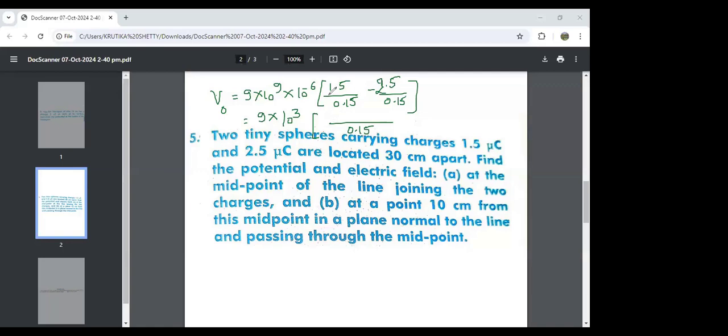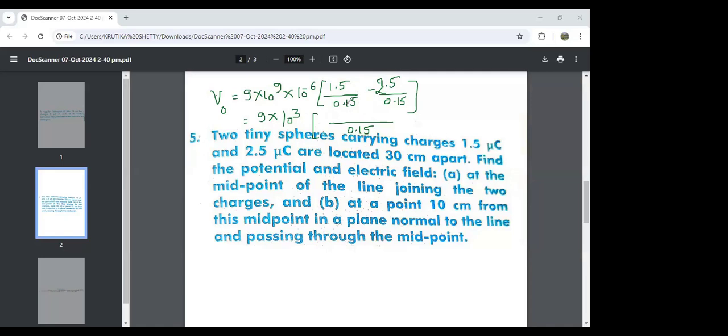One charge is given as 1.5 microcoulomb and one more charge is given as 2.5 microcoulomb. Sorry, other charge is 2.5.